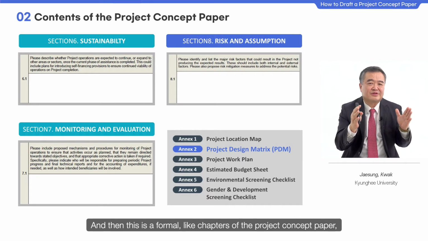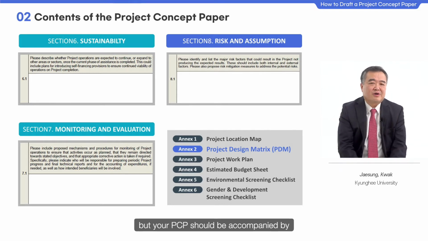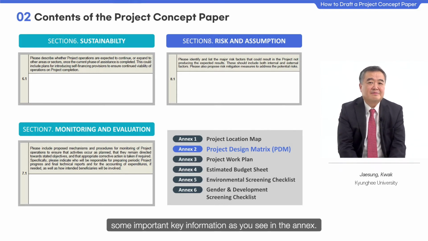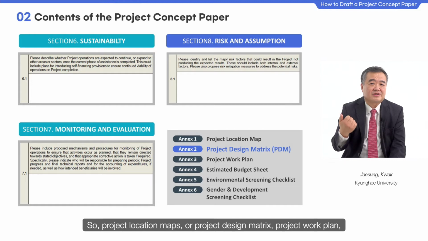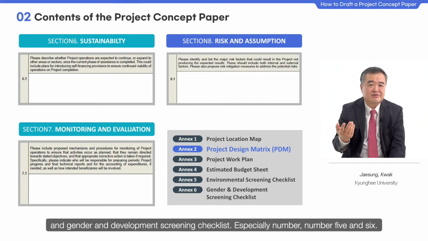chapters of the project concept paper, but your PCP should be accompanied by some important key information, as you see in the annex. Project location map, project design matrix, project work plan, estimated budget sheet, environmental screening checklist, and gender and development screening checklist.